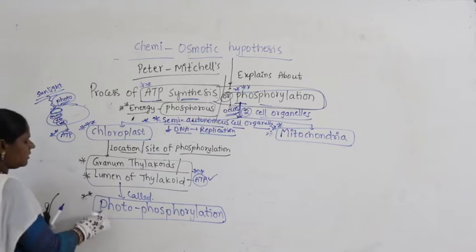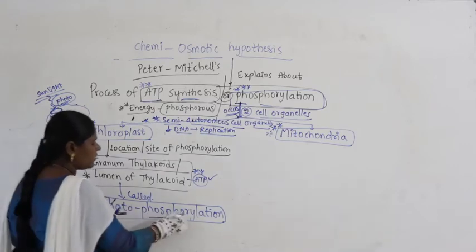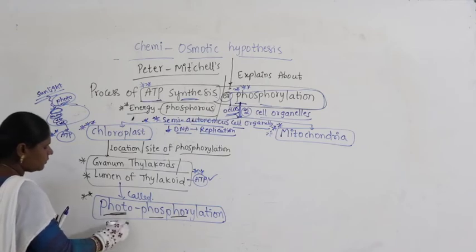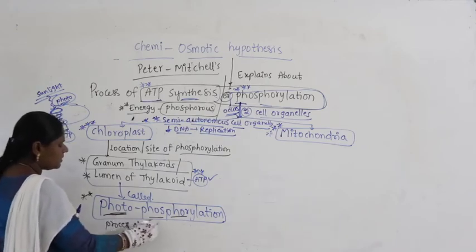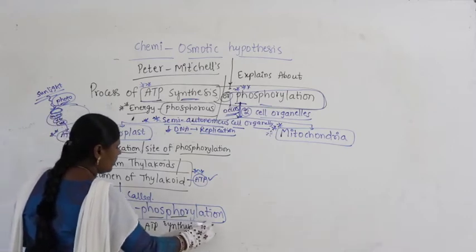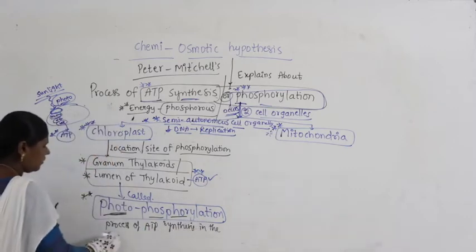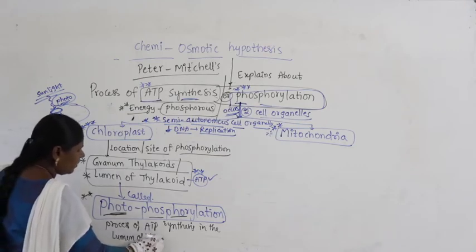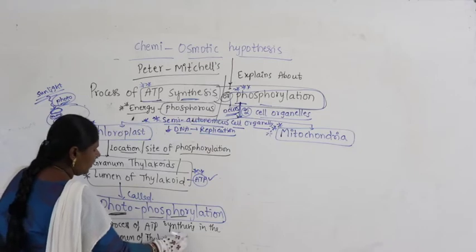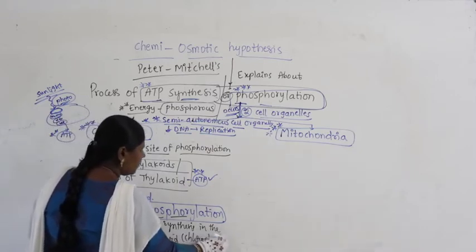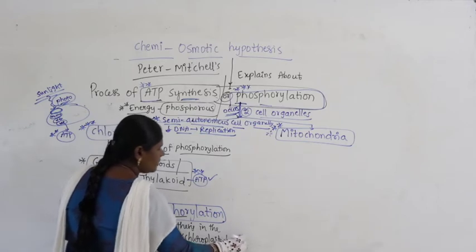Photophosphorylation means light is needed for the process of phosphorylation. How do you define it here? The process of ATP synthesis in the chloroplast or in the lumen of thylakoid, in bracket write chloroplast, by using sunlight.